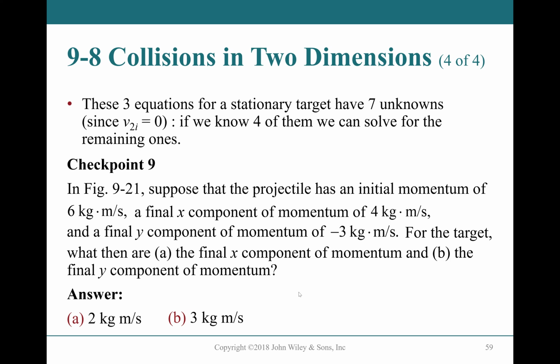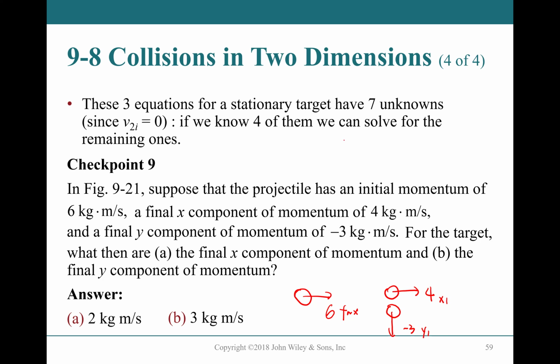So initial we have 6. 4 is for x, and we also have -3 for y, okay? And you are going to calculate the final x component of momentum and the final y component of momentum of the target.